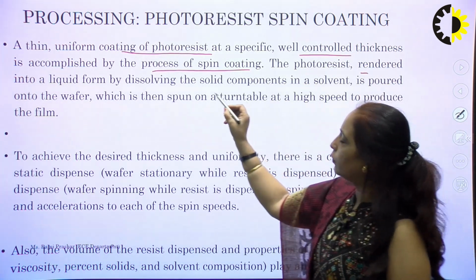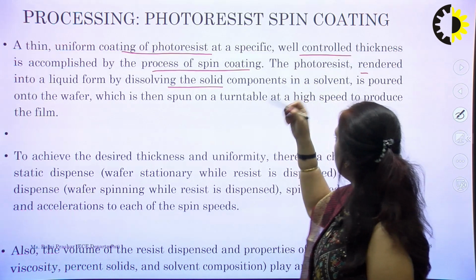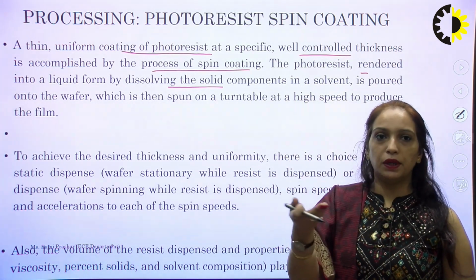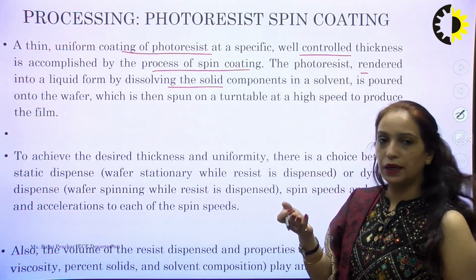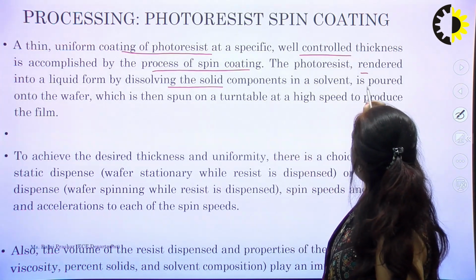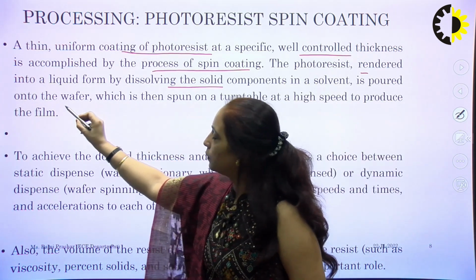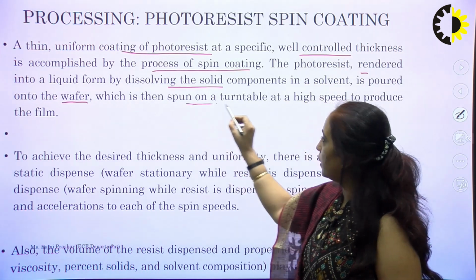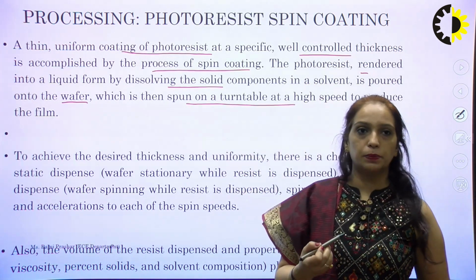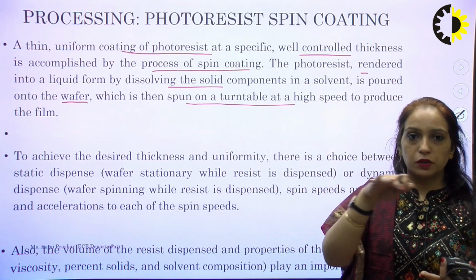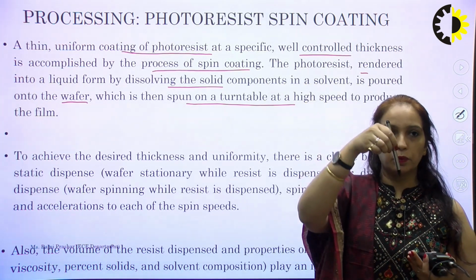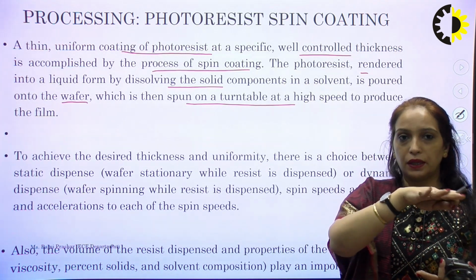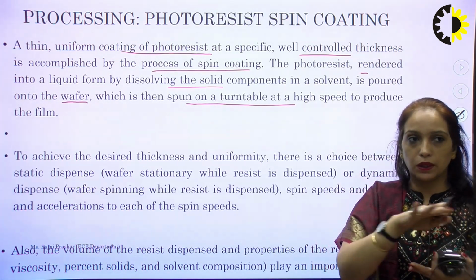If it is not in a liquid form, it is converted into liquid form, and then it will be processed for baking, right? It is done by pouring the PR material on the wafer. It is then spun on a turntable at a very high speed. So we have a table, over that your substrate will be there, and we pour the PR material so that it will be spun equally all over the substrate.